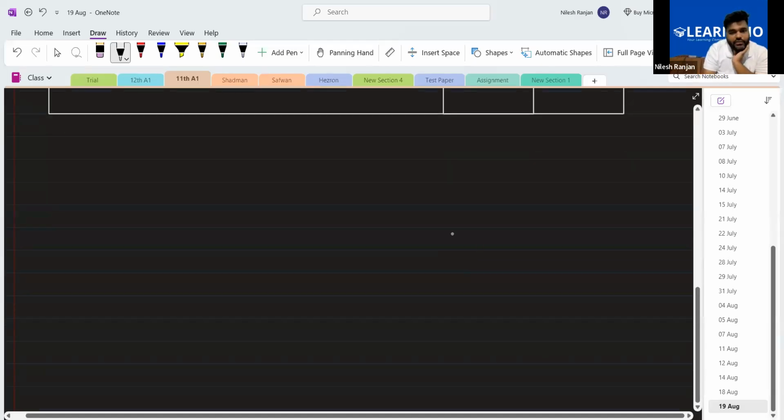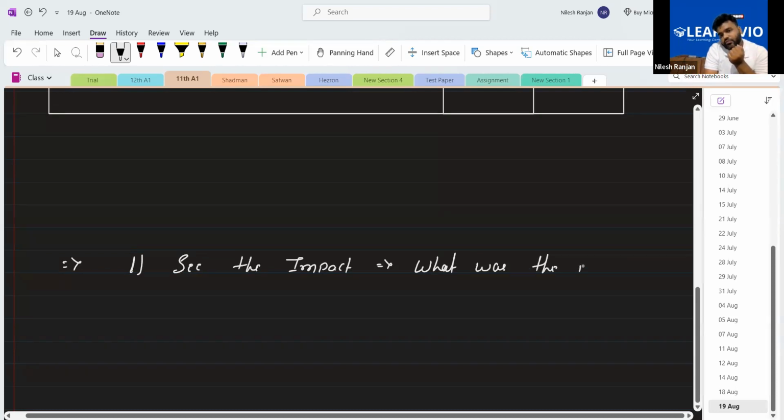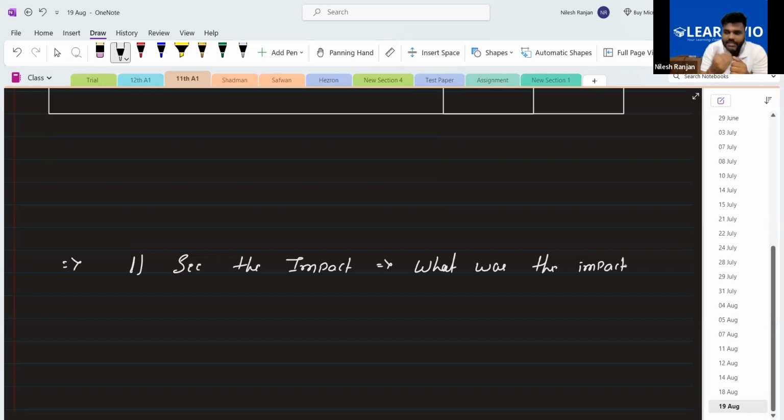First thing, there are 3 steps you have to follow. The first is to see the impact. What was the impact of the transaction? Means which book is affected by this transaction and whether it is increased or decreased.